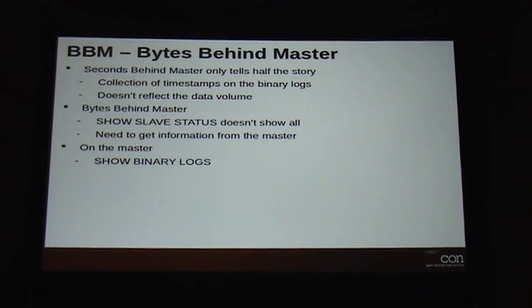As the slave applies those statements, it compares that timestamp with the timestamp on the slave, and says, oh, this was applied 1 second later, or so many seconds later. And it also calculates a little bit from the timestamps that are in the queue. So after 5 minutes, you can find that actually you're like 3,600 seconds behind the master, given the right circumstances.